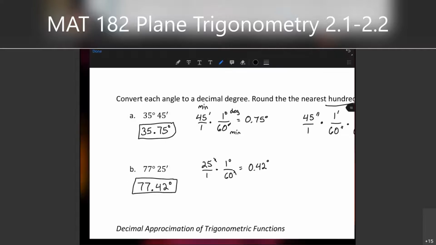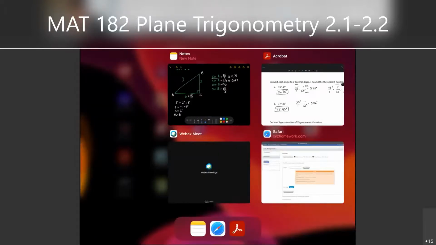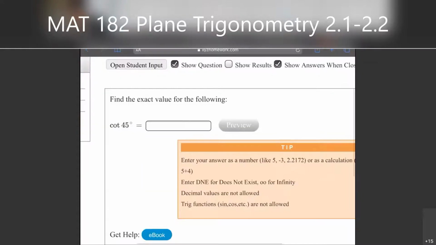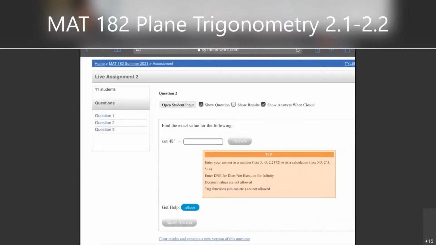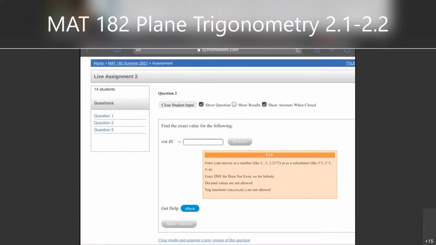All right, let's take a look at a few questions here. We'll actually just start with number 2, and we'll run through 2 live questions here as we go. So I'll open up number 2 to work with.